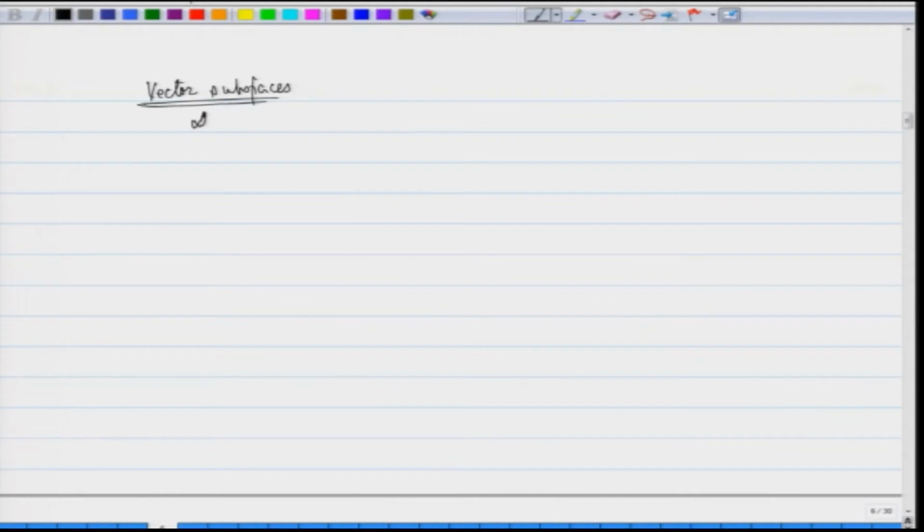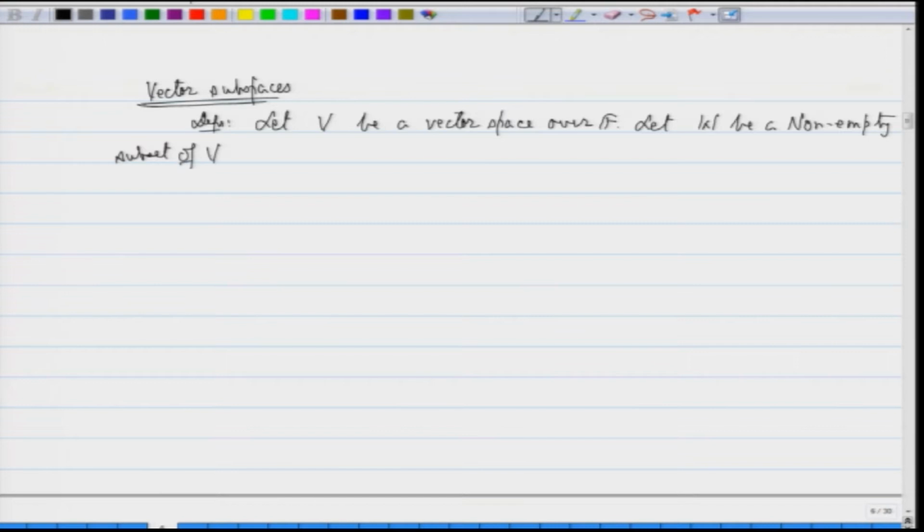So, definition. Let V be a vector space over F, let W be a non-empty subset of V. Then W is said to form a subspace of V. Since I am saying of V, important, F is not allowed to change, F remains the same.